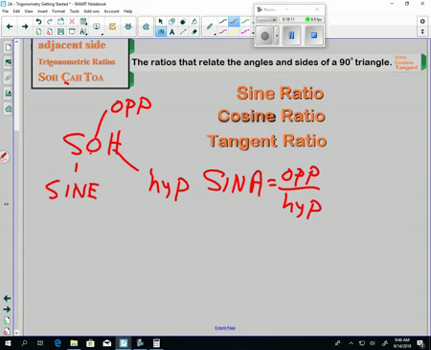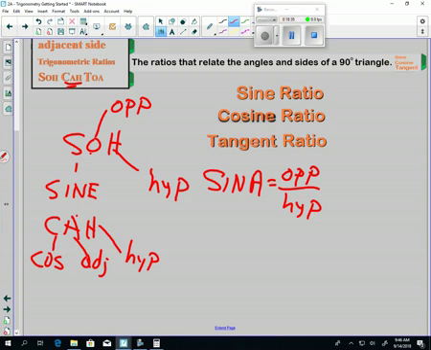Then I look at the second part, CAH. That is cosine. So C is cosine. You write it as COS. A is adjacent. And H, again, is hypotenuse. They're just abbreviations for each of the sides.